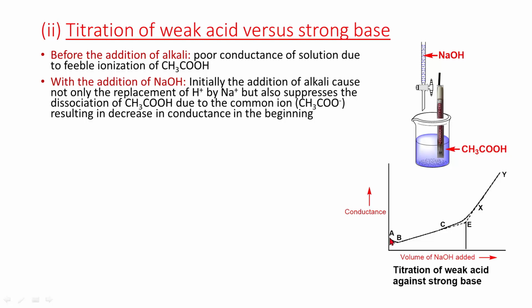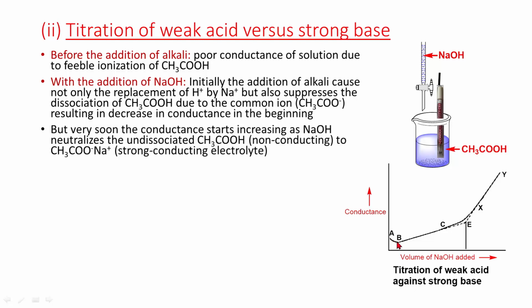This results in a decrease in conductance in the beginning, but very soon the conductance starts increasing as sodium hydroxide neutralizes undissociated acetic acid, which is non-conducting, to sodium acetate, a strong conducting electrolyte.